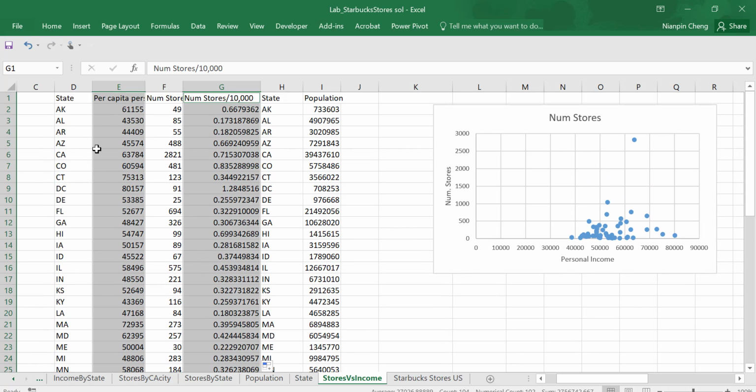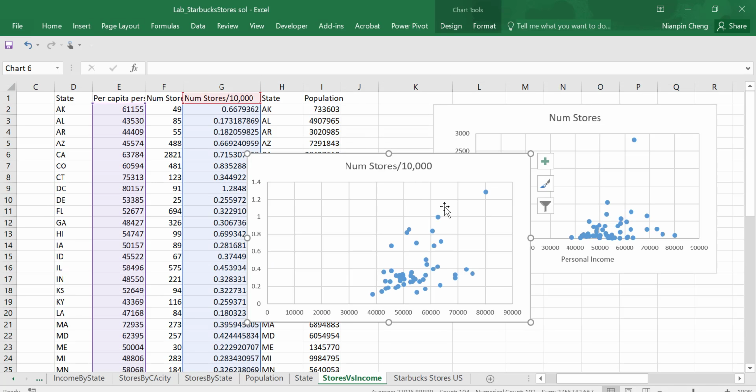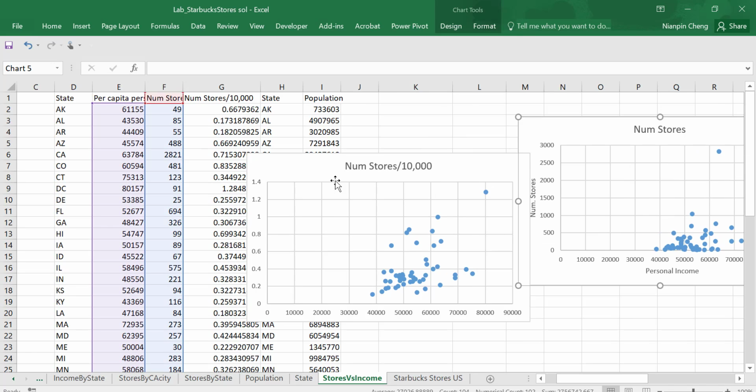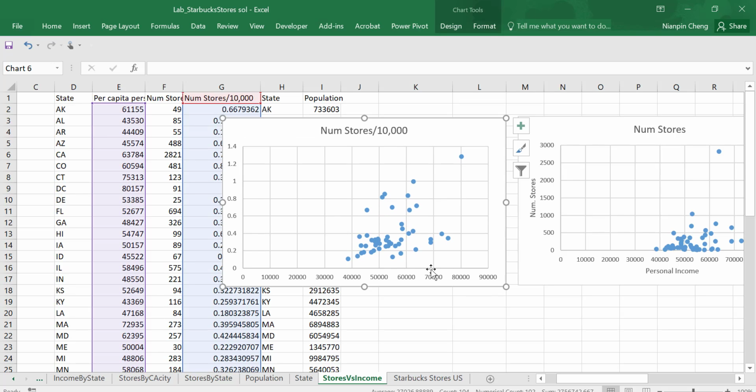So we have 2 columns selected. We insert the scatter plot. So you compare these two. This one shows a little bit more information. You see kind of a trend here. Once the income is higher, the number of stores per 10,000 people goes up.